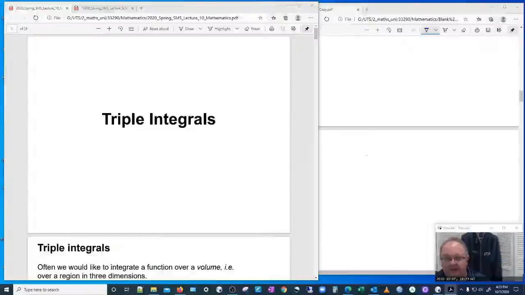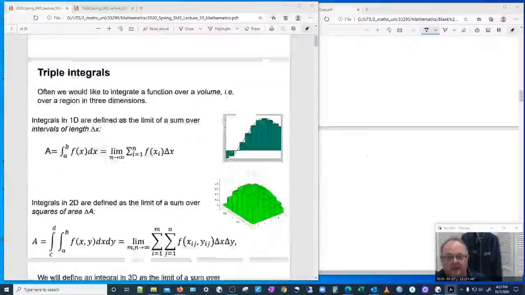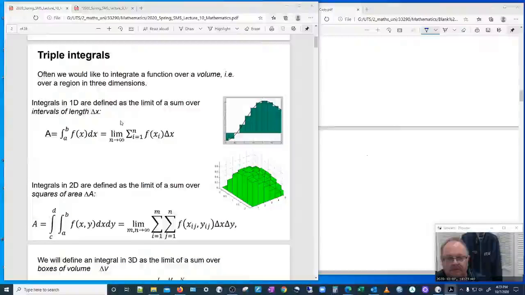And we'll have a look at triple integrals. For triple integrals, we want to integrate over a volume, over a region in 3 dimensions. Integrals in 1D are defined as a limit over a sum. So this is revision again, that you're familiar with in terms of its Riemann sum.